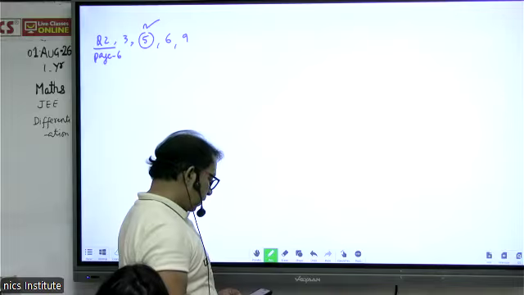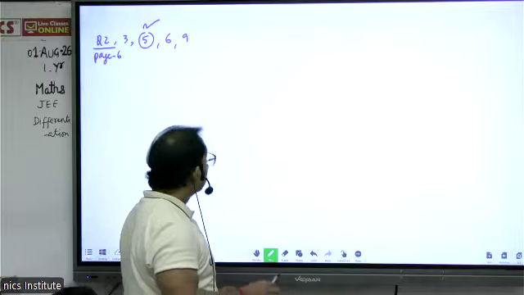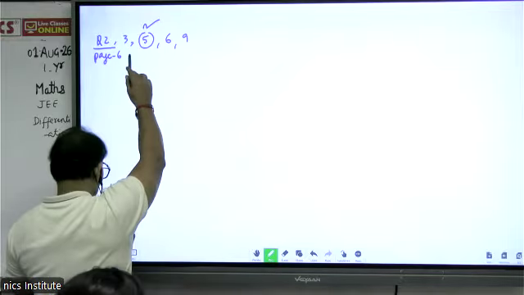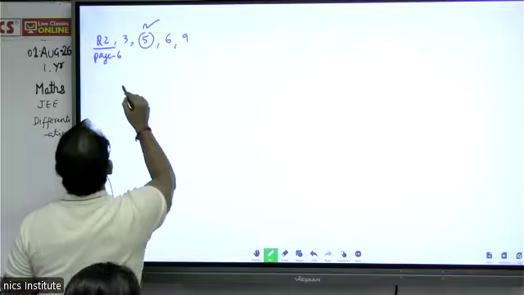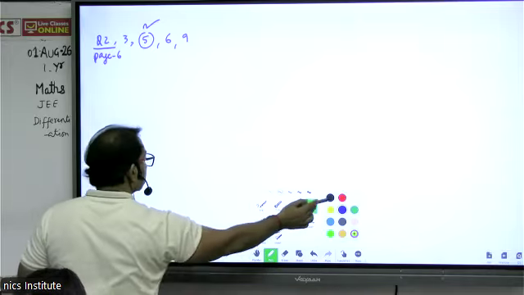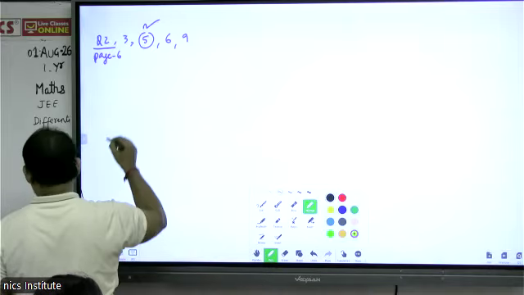Page 6 में you have like two, not Roman. I'll write the question. Let me write the question.